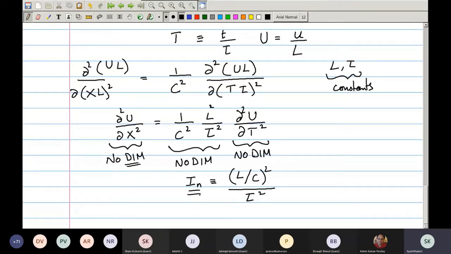Now the question is, when should we have inertia and when should we ignore it? Whenever this inertia number is less than 1, we ignore inertia, which means we are going to have a static problem.